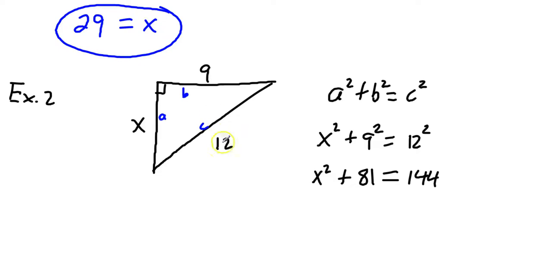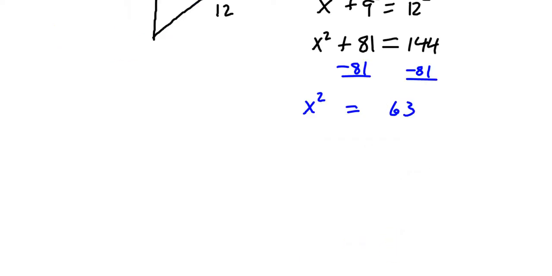Okay, now for this one, where they give you the C value, the difference is after you square the numbers, x squared is over here with 81. You have to subtract the 81 first. Subtract that, and this one you wind up with 63. Now, 64 would be a perfect square root number. This one's a little bit less.